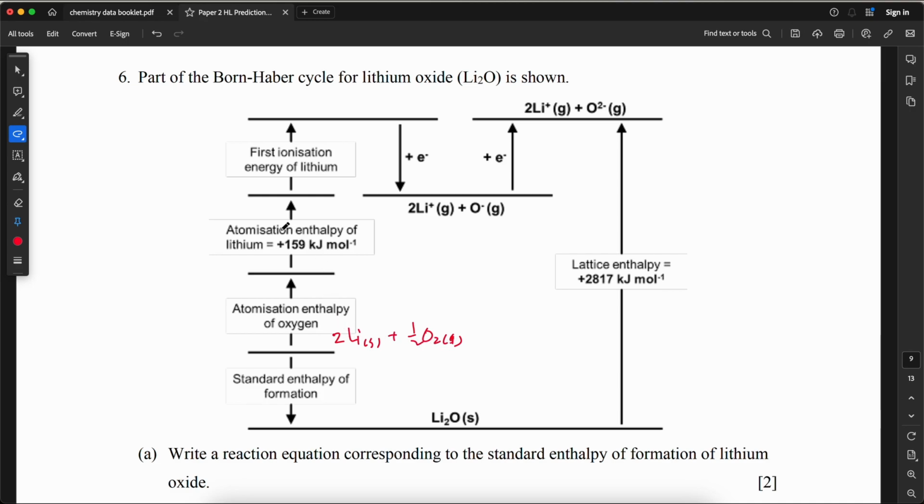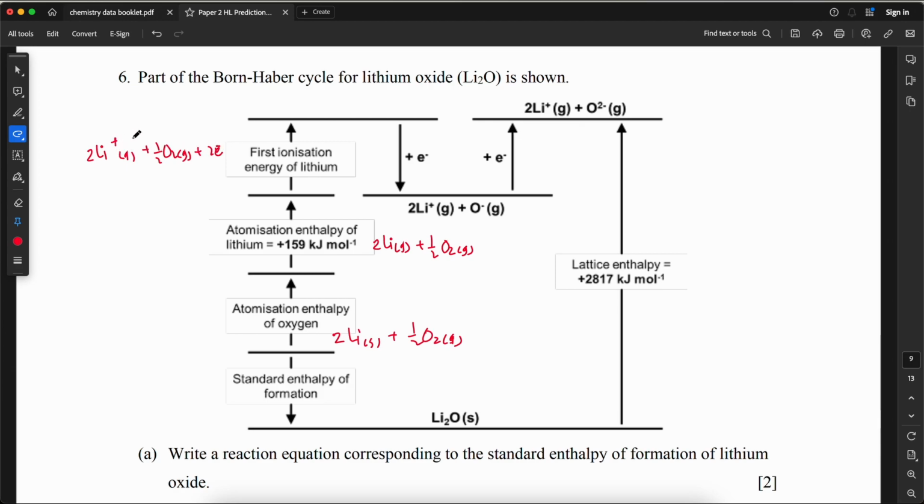And now the atomization enthalpy of lithium, from solid to gas, so this would be 2 Li gas plus half O2 gas. And the first ionization energy of lithium, removing the electron, so the reaction would be 2 Li plus gas plus half O2 gas plus 2 electrons.